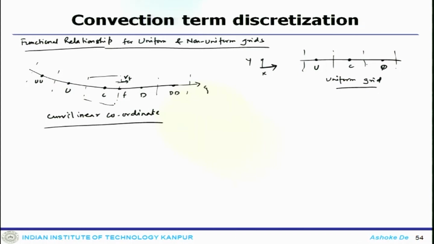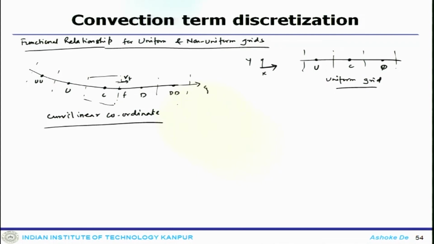One important point here: the functional relationship for uniform grid remains exactly the same for non-uniform grid, independent of whether the Cartesian or the curvilinear grid system is used. For non-uniform grid, the independent variable x appearing in the functional form should be replaced by xi.